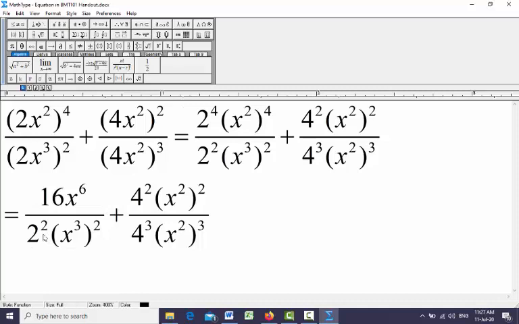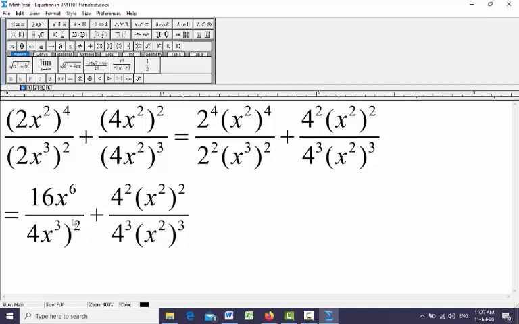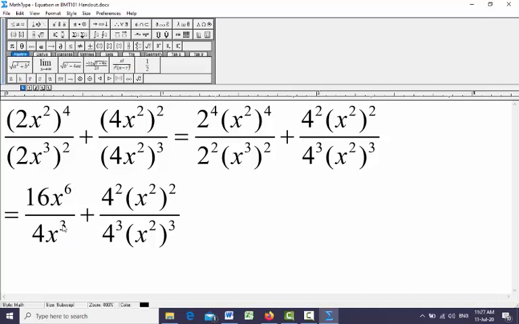In the denominator we have x to the power 6, because these 3 and these 2 will be multiplied together. Again this one can be written as 16, and we will have power 4.